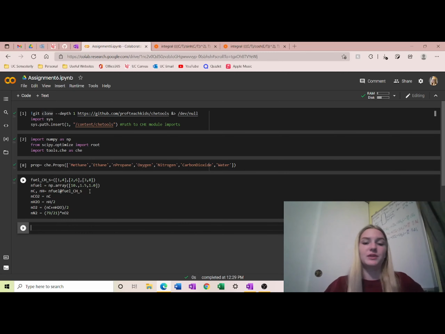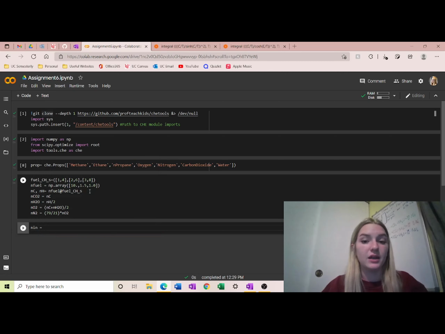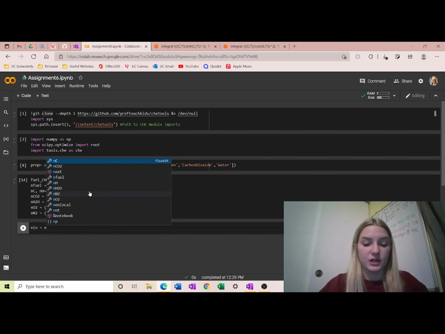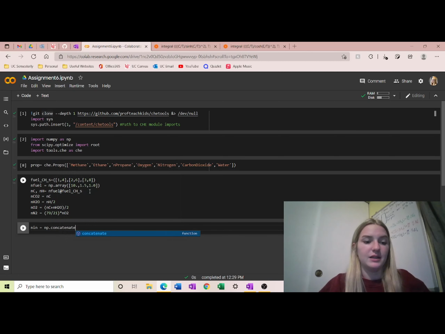Now we are going to get into finding the number of moles that we have going in. We are going to use the function np.concatenate to combine arrays here.